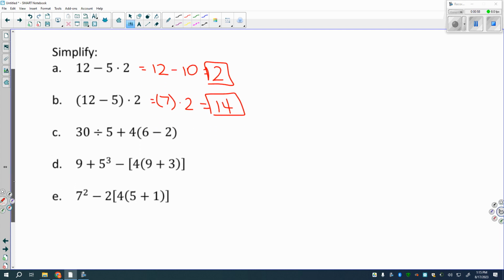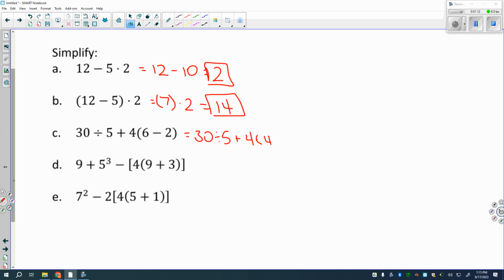Part C, parentheses first. So it's still going to be 30 divided by 5 plus, and then 4. When it's written like this, in parentheses, 6 minus 2 is 4. Now it's multiplying and dividing. I will say right here, the 4 and the 4, and that's in parentheses, that's multiplying.